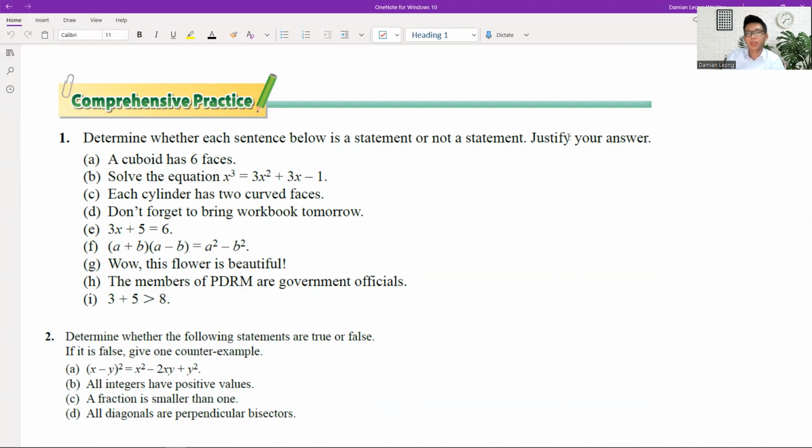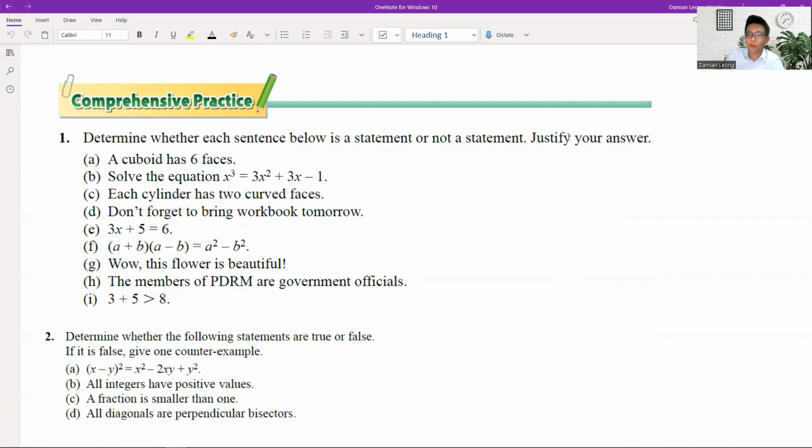Basically, a statement is something that you can say is either true or false. I can say it's definitely true, I can say it's definitely false. But if there's no way I can determine whether it's true or false, then it's not a statement.